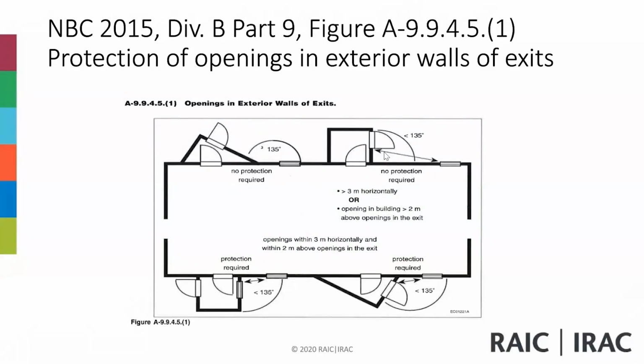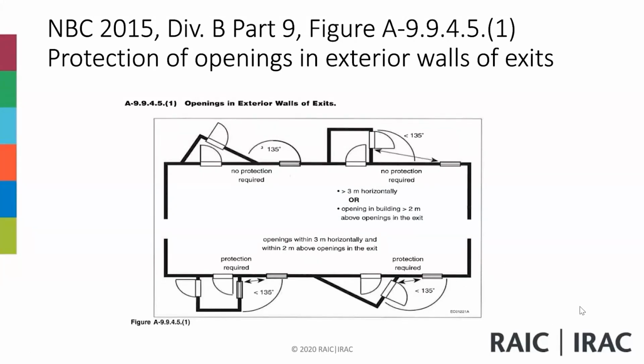Here you are at less than 135 degrees, but more than 3 meters, so you don't need to worry about protection. Here you're less than 135 degrees, so definitely you need protection. And here you're more than 135 degrees, but less than 3 meters, so you definitely require protection. Even the illustration has mistakes, but here we're at less than 3 meters.